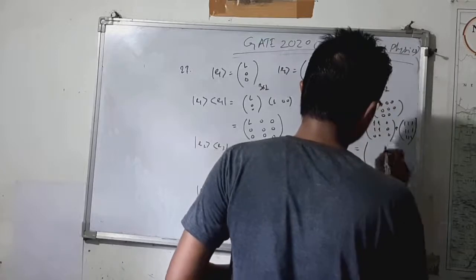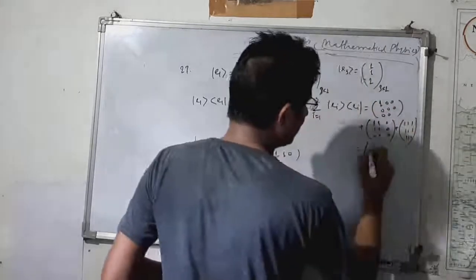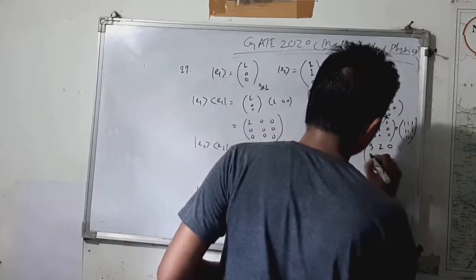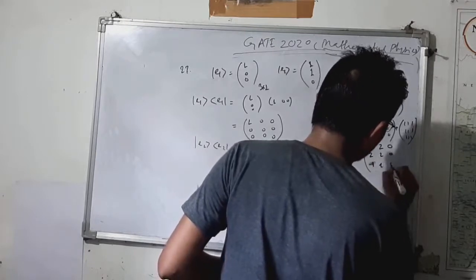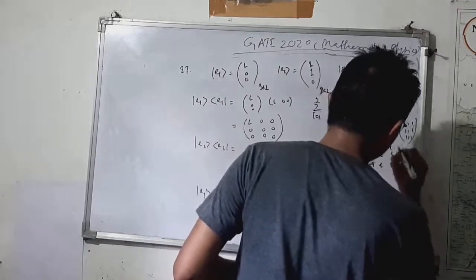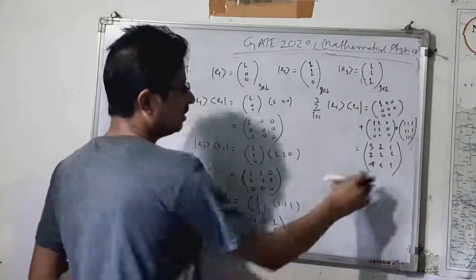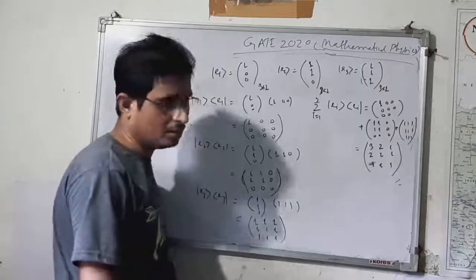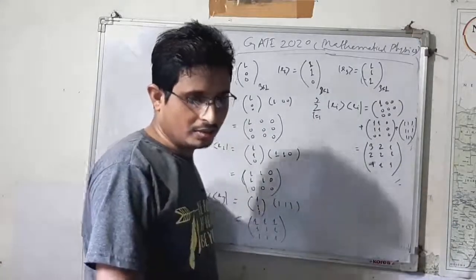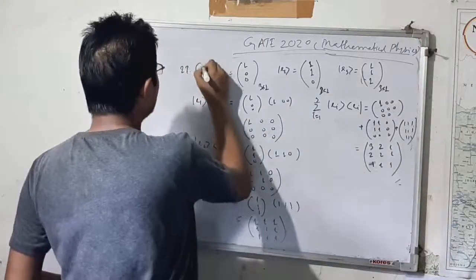So the result is 1 plus 1 plus 1, this is 3. This is 2 0 2 2 0. So 0 1 1. So these are 1 actually. So this is the result. So the fourth option is incorrect also. So our only correct option is option C.